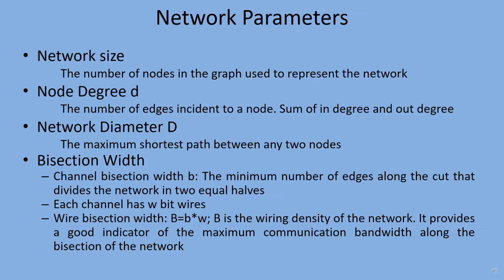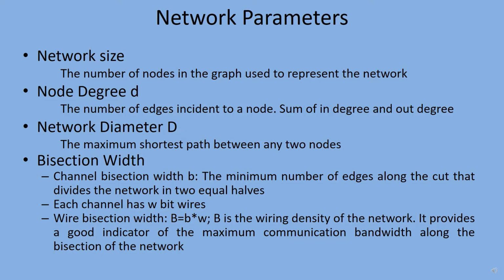In a unidirectional network, the number of edges into a node is the in degree, and that out of the node is called the out degree. So the node degree is the sum of these two. The node degree reflects the number of I/O ports required for the node and the cost of the node.